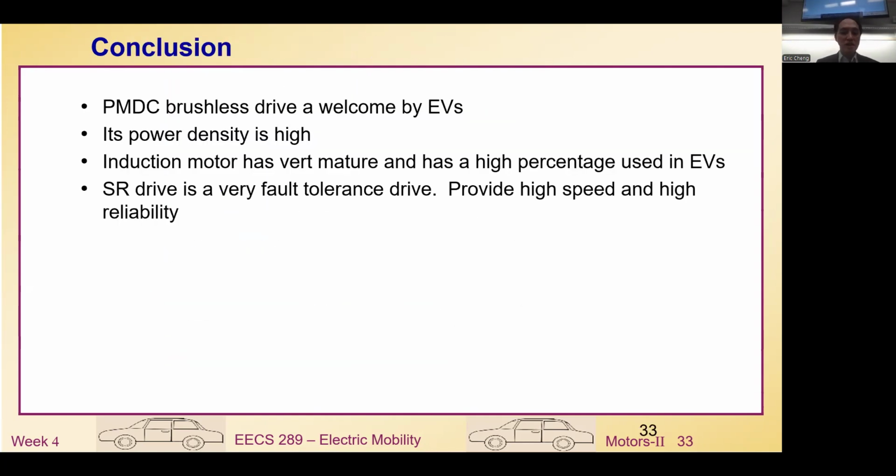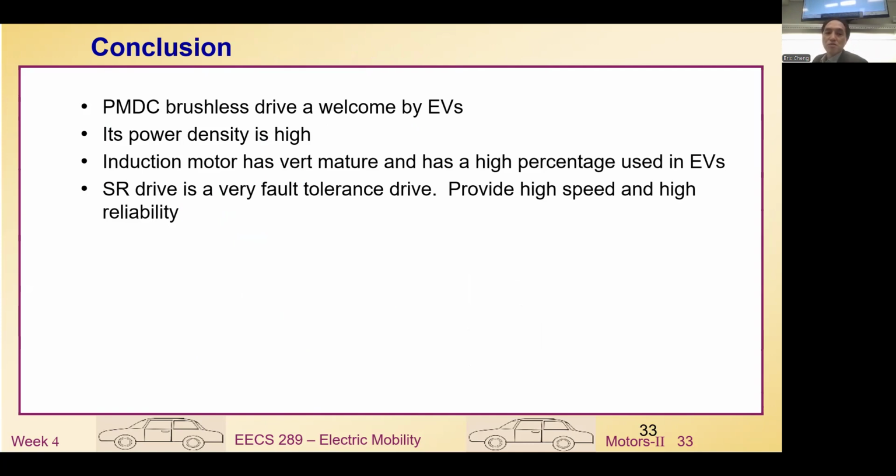Anyway, to conclude this lecture, we talked about the brushless DC motor, which is really popular and has been used in many EV systems, but may not be too good for really high power motor systems. The induction motor is also good; it's very mature now and has been used in many EVs.